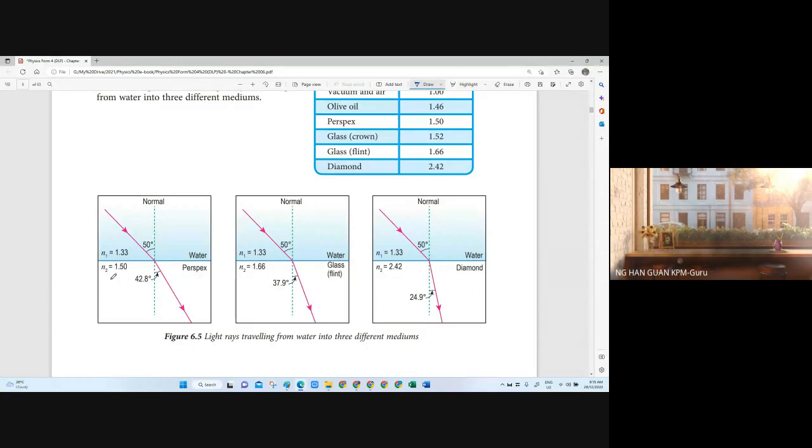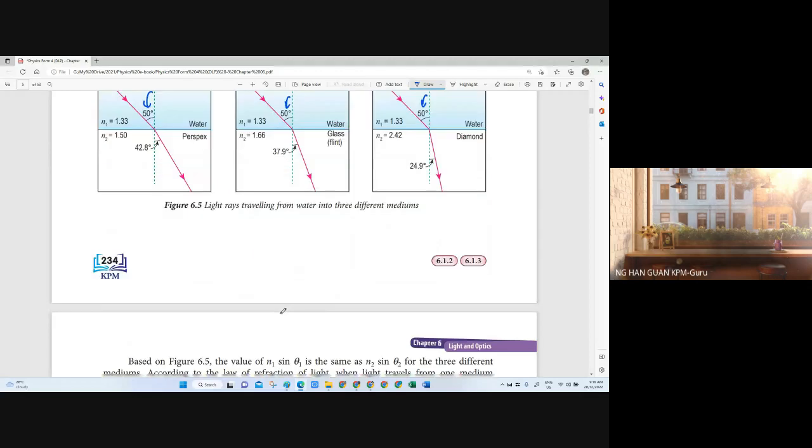So there are three different results here, all with the same incident angle from the water, which is 50 degrees. But because of the different optical density of the media that we have, perspex, glass, and diamond, all result in different refracted angles.